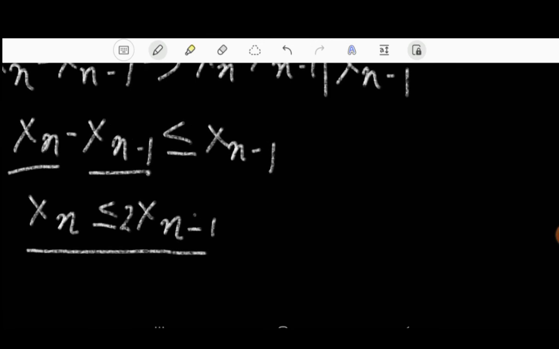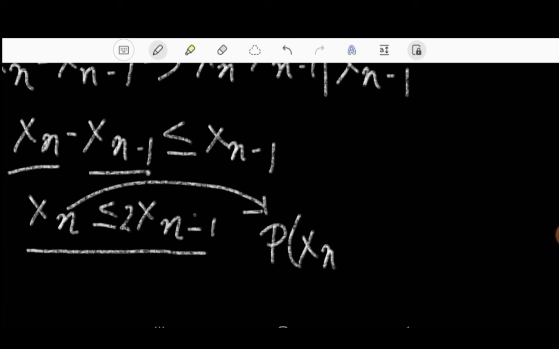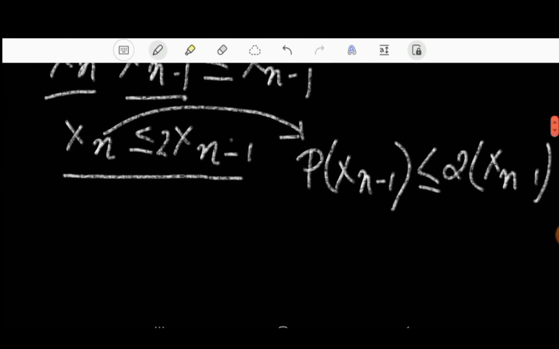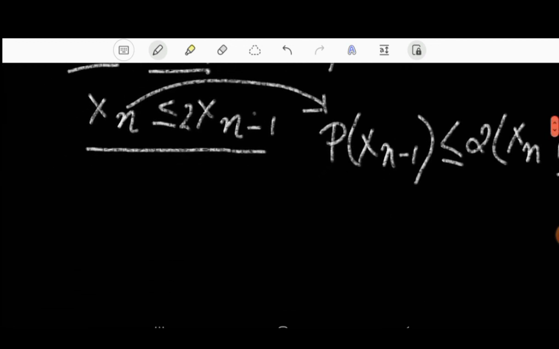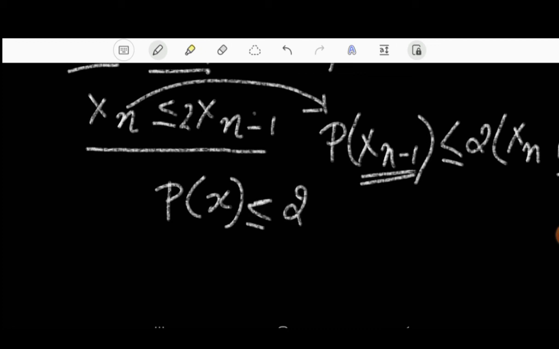And we can simply say that xn is nothing but P of x(n-1), which is smaller than or equal to 2 times x(n-1). So here we get P of x, by just replacing this x(n-1), is smaller than or equal to 2x.